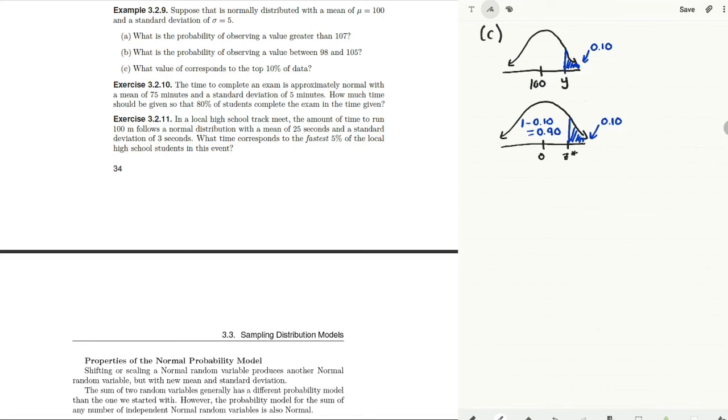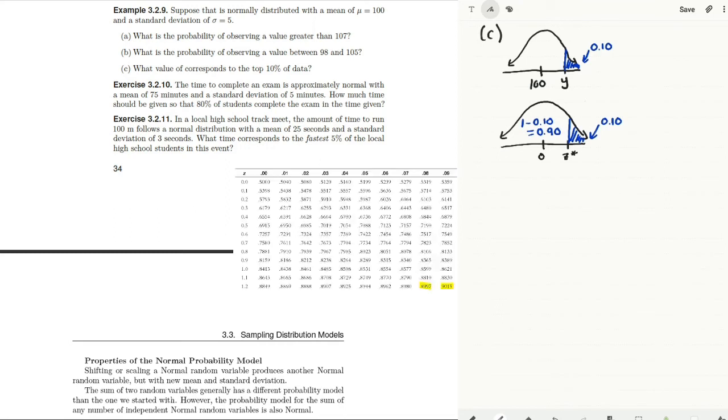And so what we want to do is look up the two closest values to 0.9 inside of the z-table. So the two closest values inside of the z-table are 0.8997 and 0.9015. So let's write down their corresponding z-scores. And so the table tells us that the area to the left of 1.28 is 0.8997.